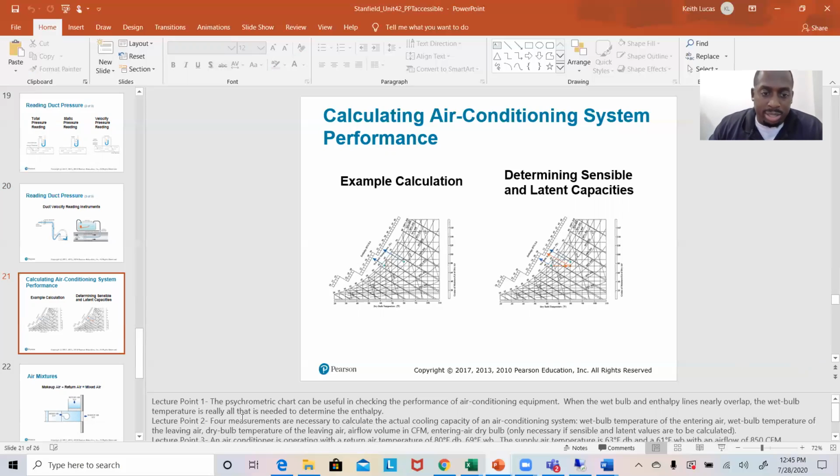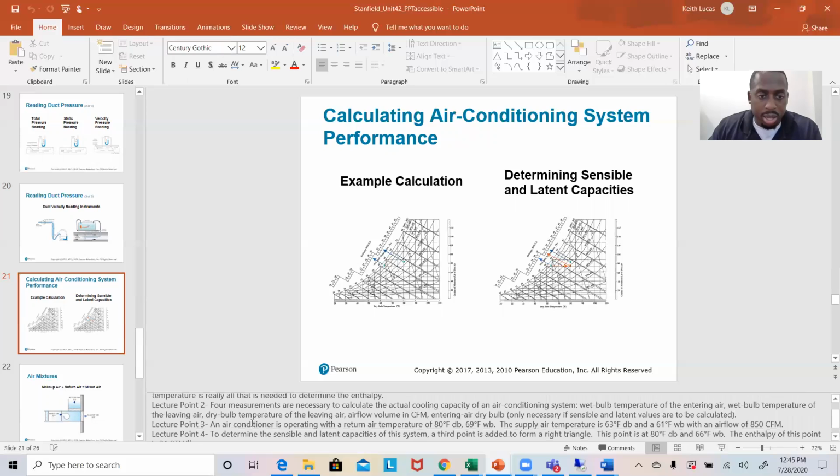So the psychrometric chart can be useful in checking the performance of air conditioning equipment. When the wet bulb and enthalpy lines nearly overlap, the wet bulb temperature is really all that is needed to determine the enthalpy. 4 measurements are necessary to calculate the actual cooling capacity of an air conditioning system.